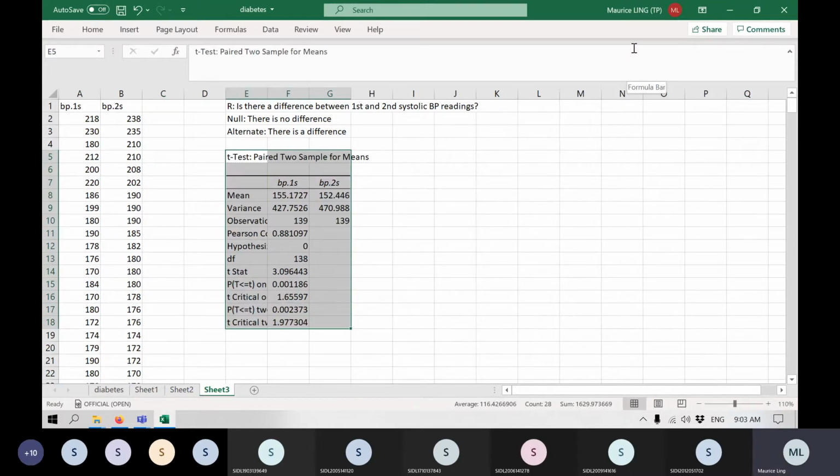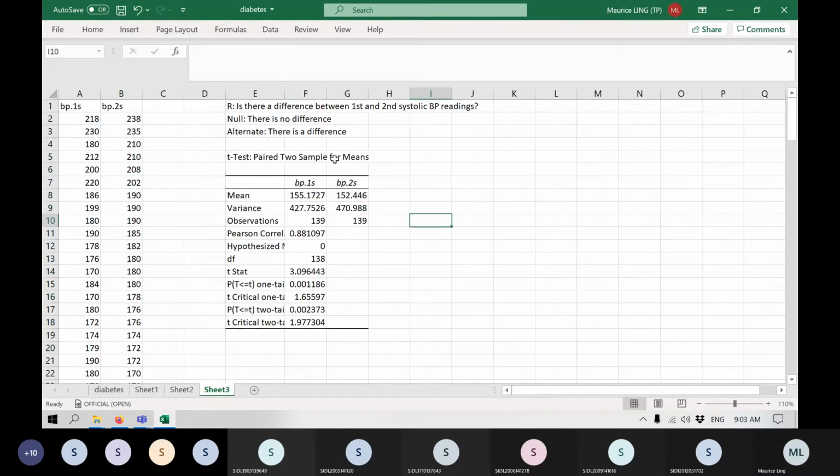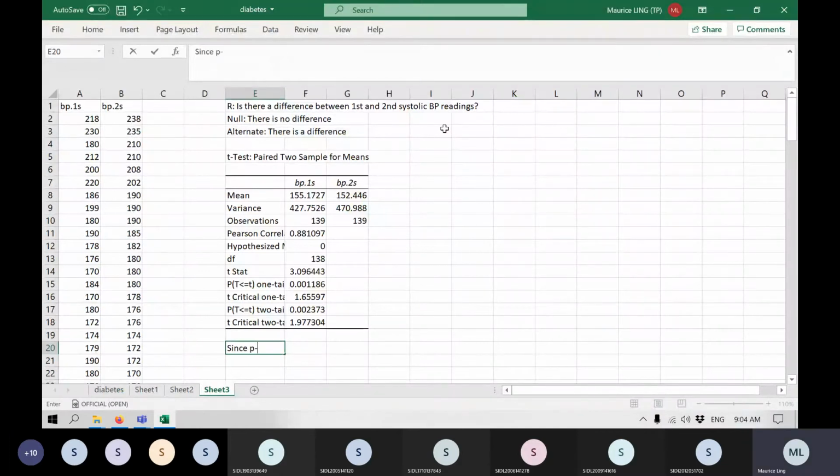So this is the result. Now this is the two-tail p-value. So is there a difference? Fundamentally, since the p-value is less than 0.05, you reject the null hypothesis and accept the alternate hypothesis.